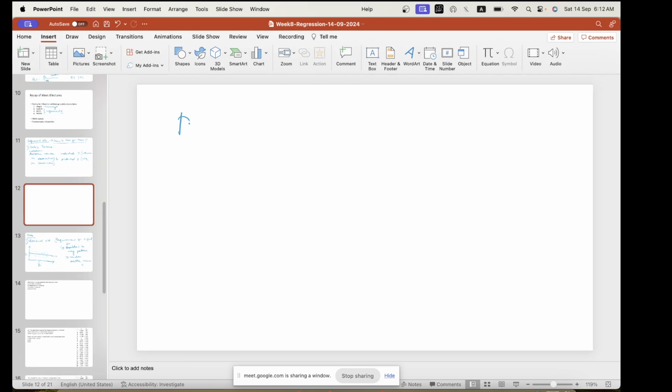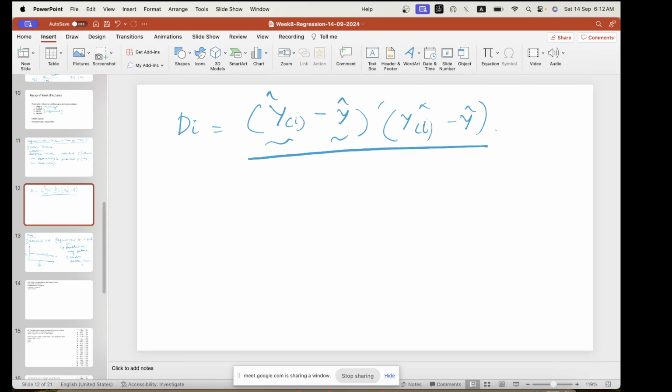Okay, so in order to properly formulate, di is actually yi hat minus y hat transpose yi hat minus y hat, and this is scaled by k into ms residuals.